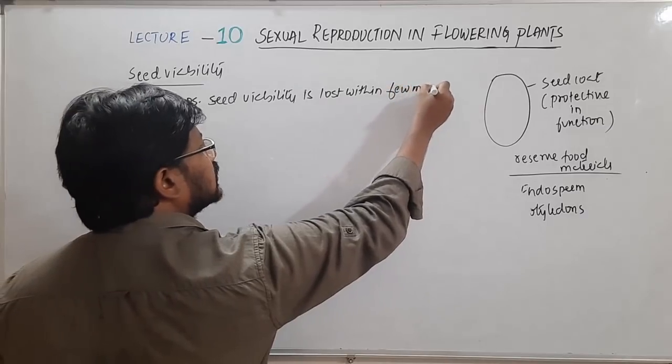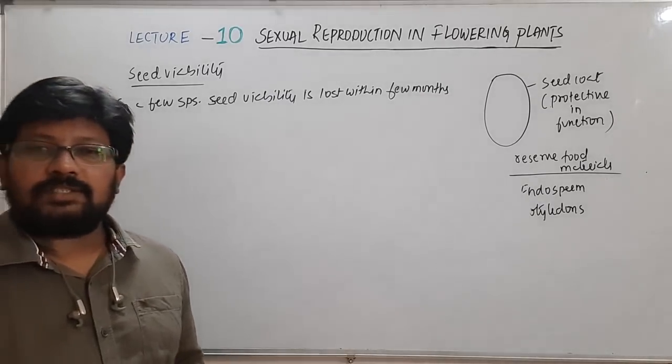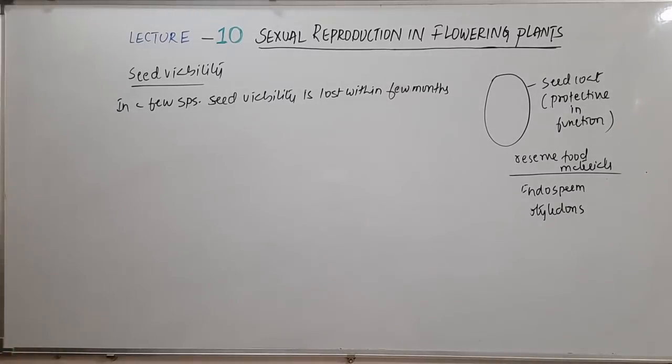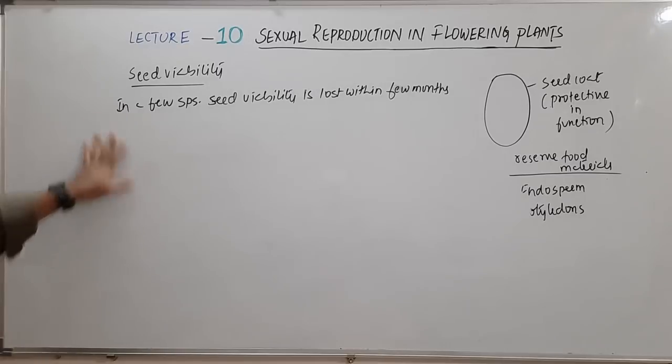Within a few months the seeds will not be able to germinate, so they become completely inactive, and you cannot develop new plants from these seeds, which means they are dead, right.